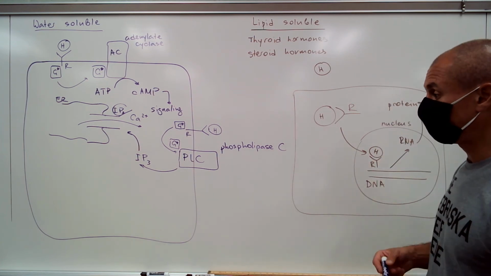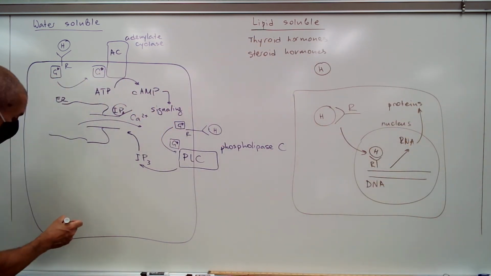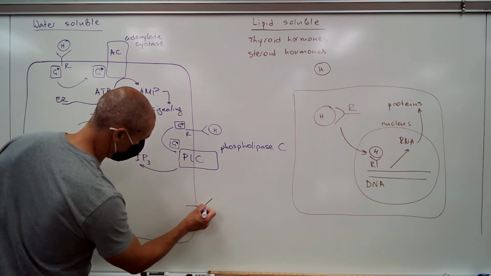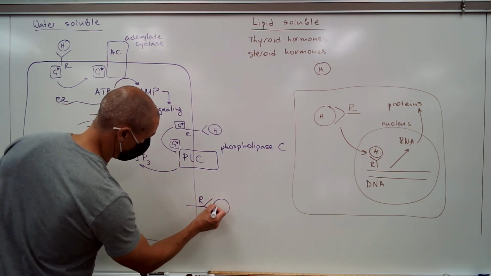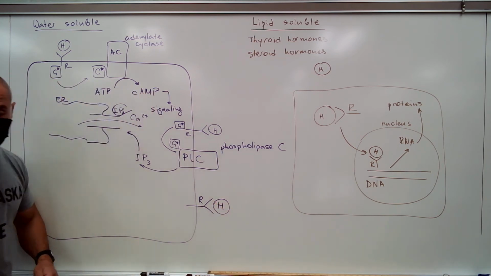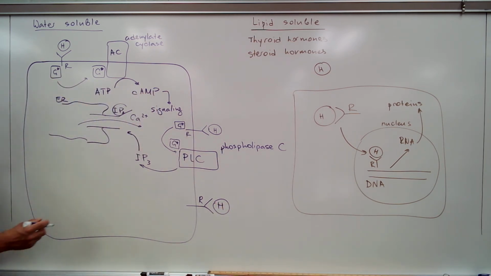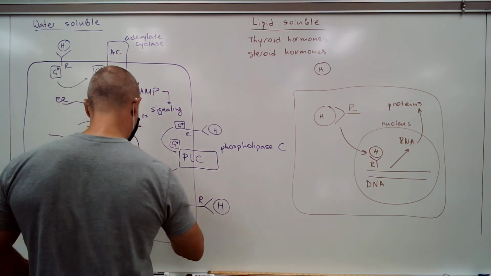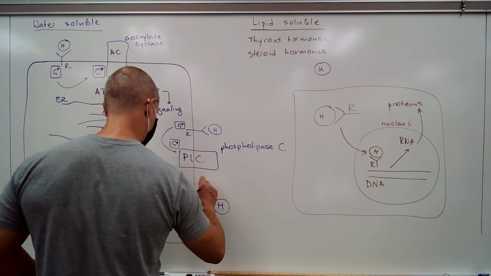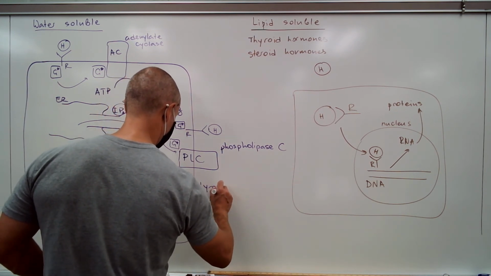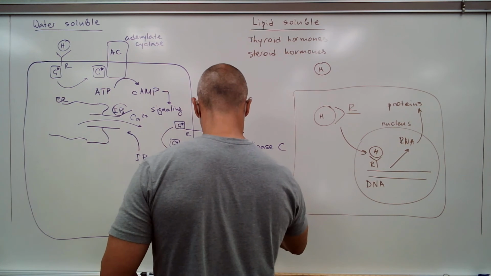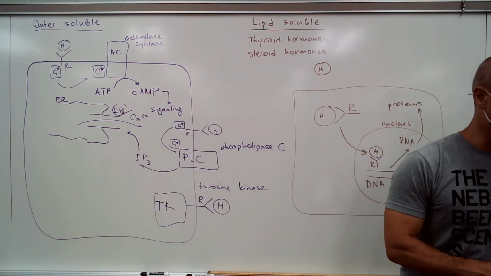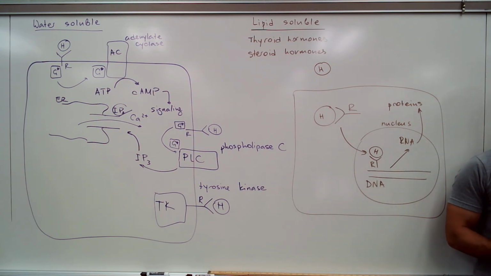Pathway number 3, I'm going to put it here. So we've got a receptor and a hormone binding to it. This time at the cytoplasmic tail of the receptor is the huge enzyme called tyrosine kinase. Now, you probably have encountered the term kinase before.